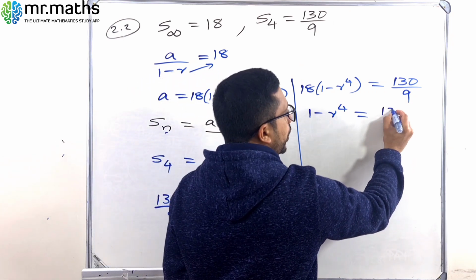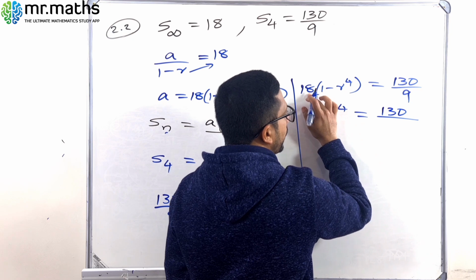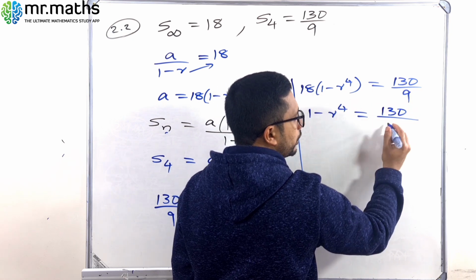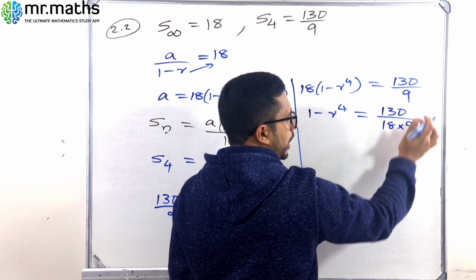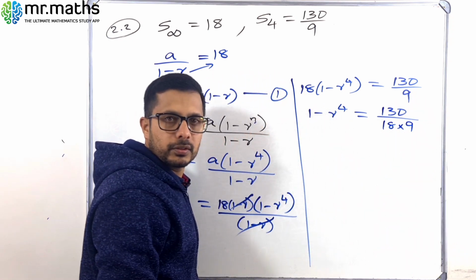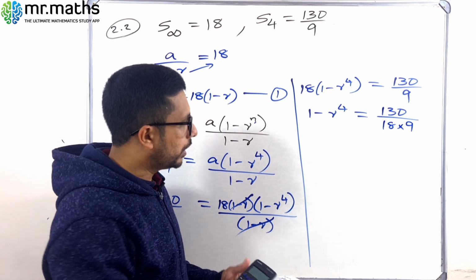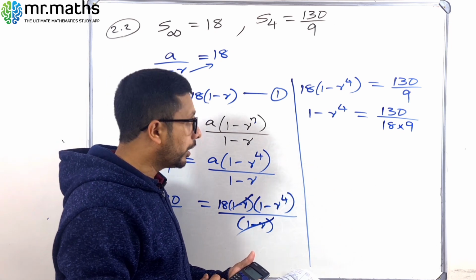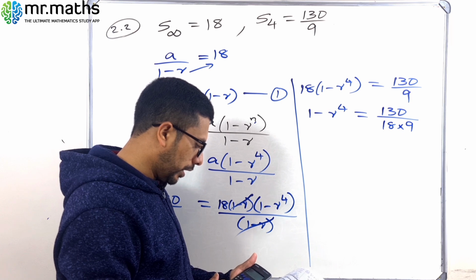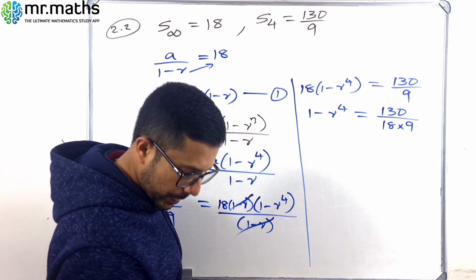That means 130 divided by that 18 will, from the numerator 18 will come here in the denominator. That means 18 times 9. So check in your calculator, what is that one? 130 divided by 18 times 9, 65 over 81.